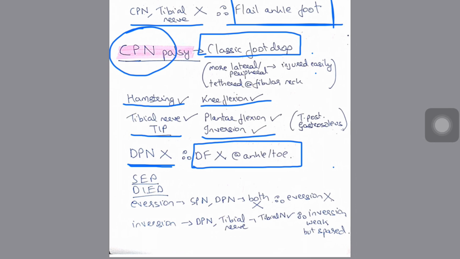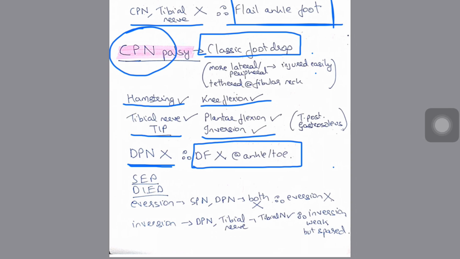We discussed it in previous slides as well. While for inversion, though there is deep peroneal nerve palsy, there might be weak inversion, but it is compensated by the tibial nerve because the function of the tibial nerve is also TIP. So inversion is compensated, there might be weak inversion, but eversion is lost.